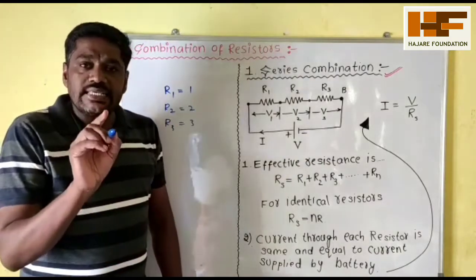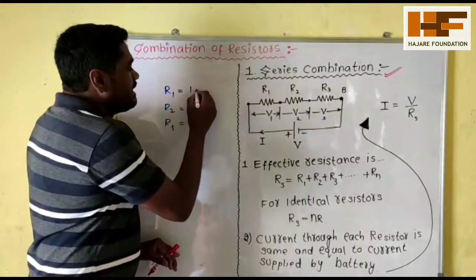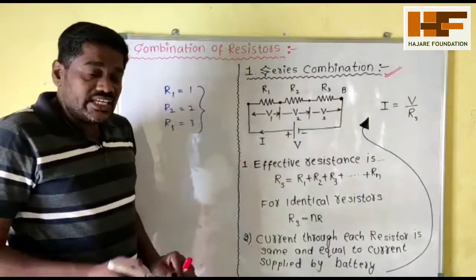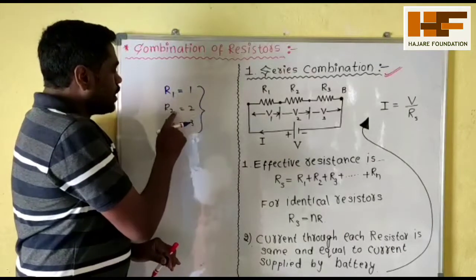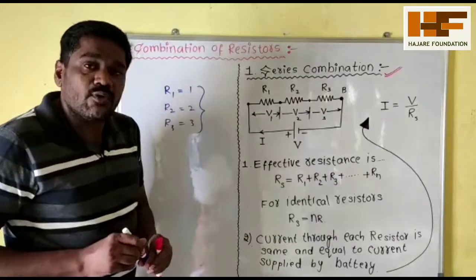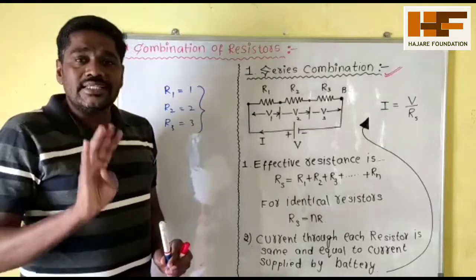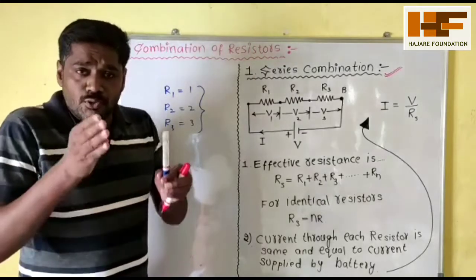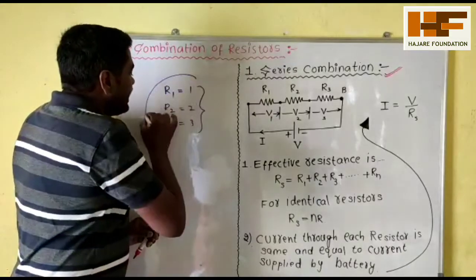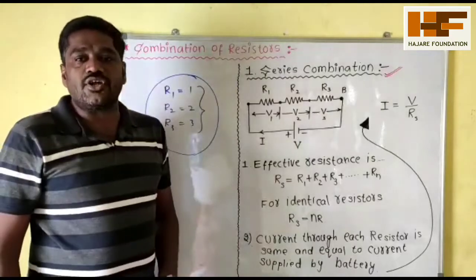Now you want a single 6 ohm resistance, but each one is different. So how should these three resistors be connected in the circuit to get 6 ohm? That is nothing but the combination of resistors.